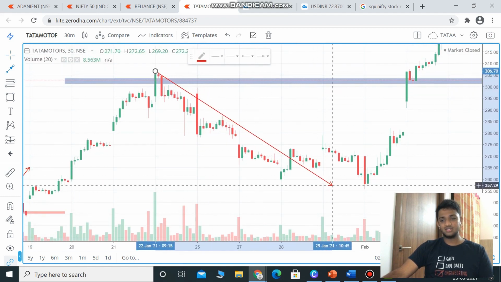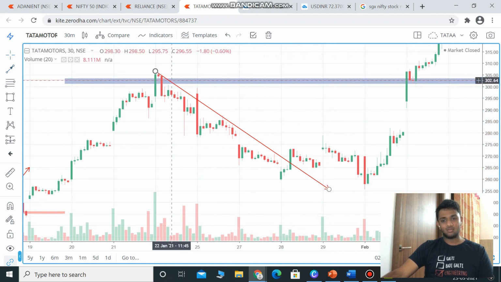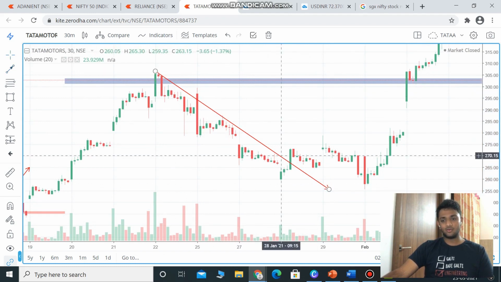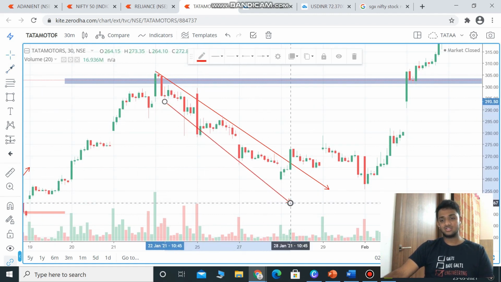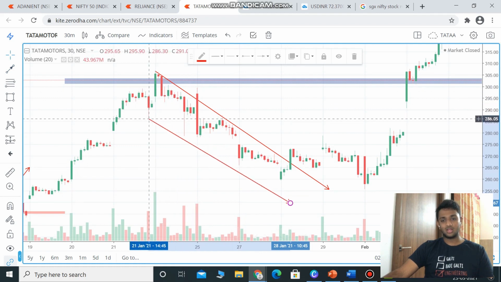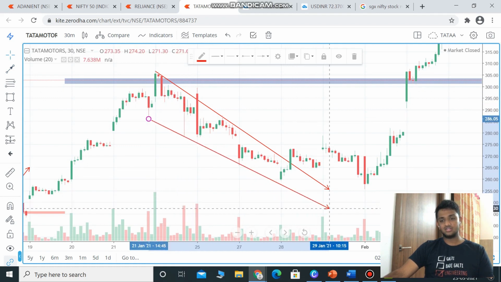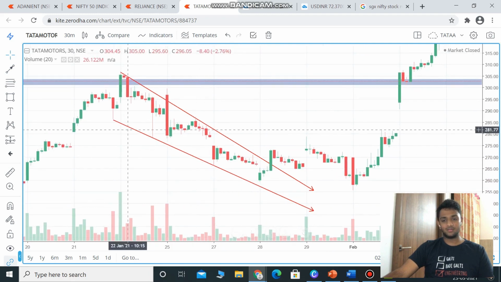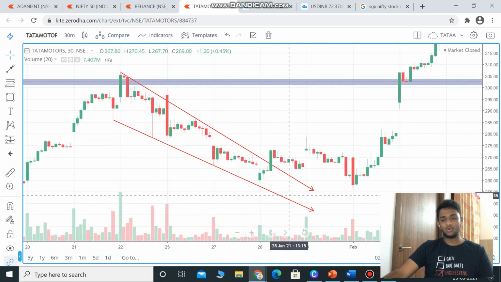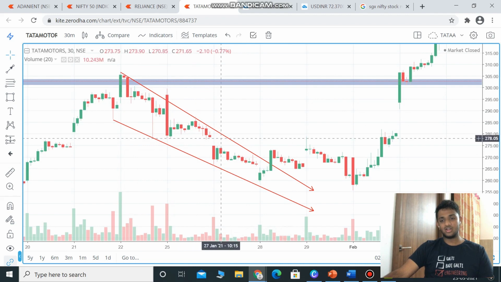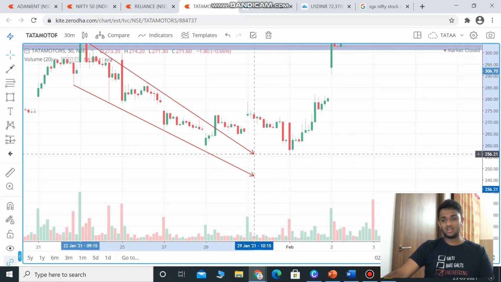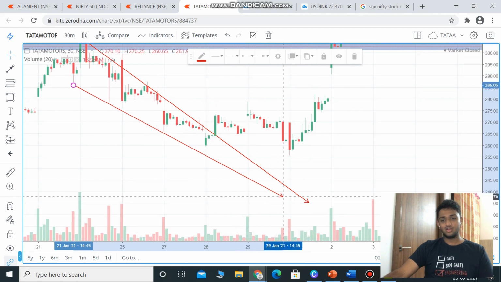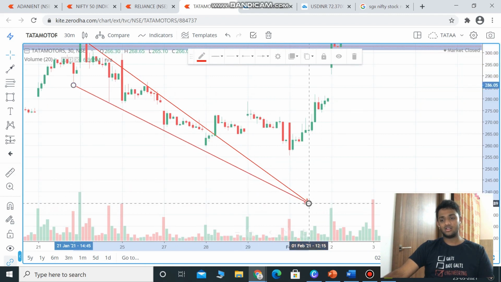If you consider this 1, 2, 3, 4 as good resistance and this as a good support, and this as a good support here, and this as a good resistance, you can see that it ends up coming as a triangle, right?